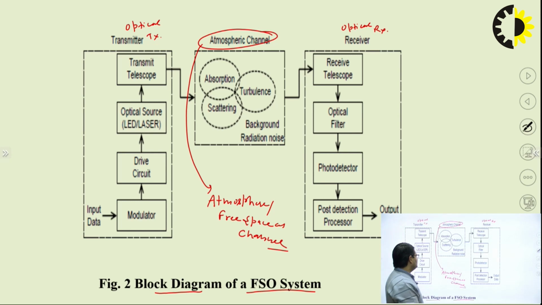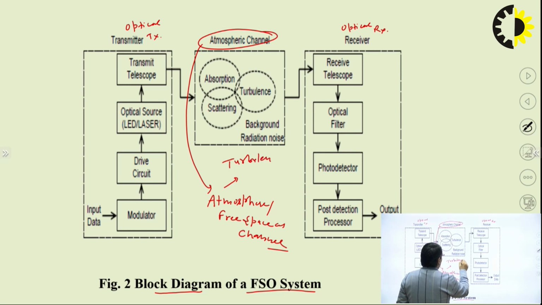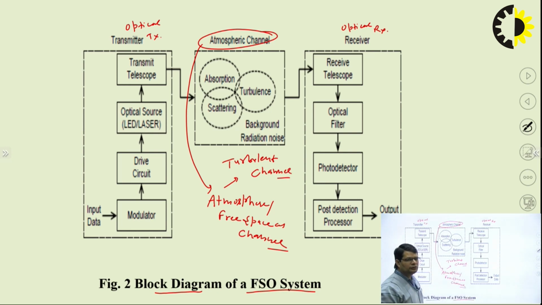So this channel is also known as turbulent channel, because its performance is mainly affected because of the turbulence effect present in the atmosphere or free space.